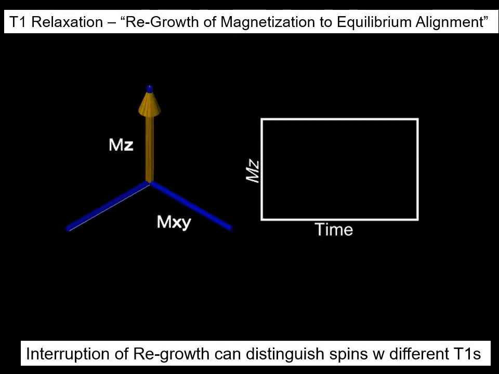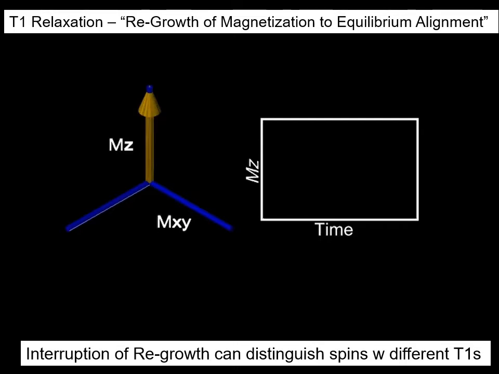In this animation, we use the same schematic with the resting state of the bulk magnetization vector aligned along the z-axis. We're going to apply an excitation pulse, and then because of dephasing, the vector will decay away very rapidly. What I hadn't discussed up until this point is that while that decay is occurring, the vector is actually regrowing back along the z-axis.